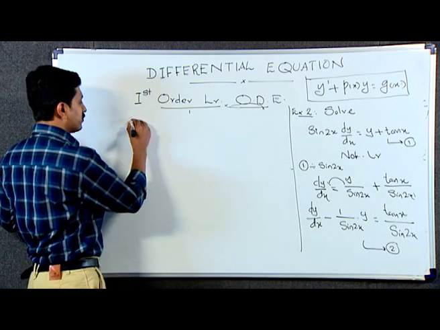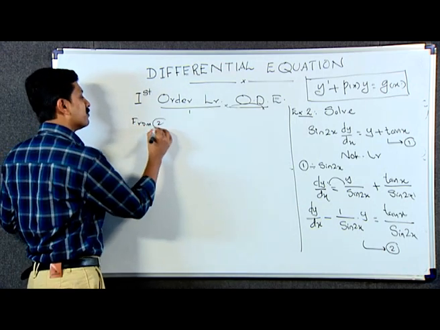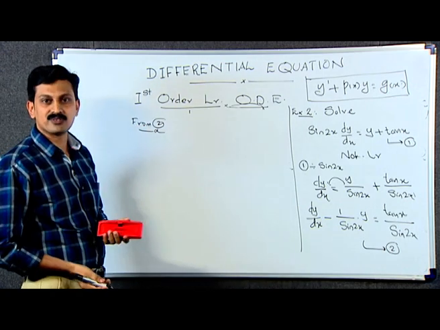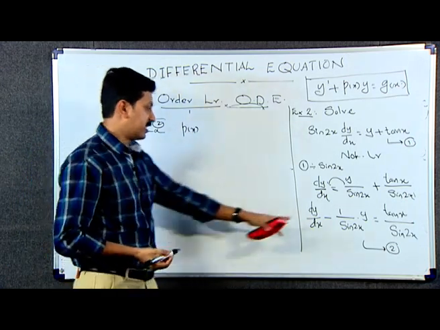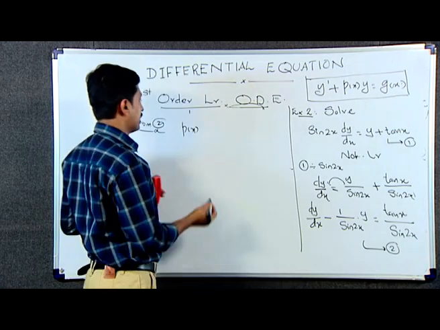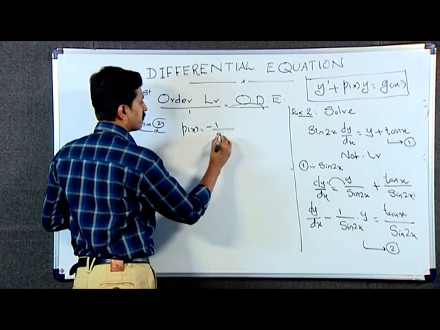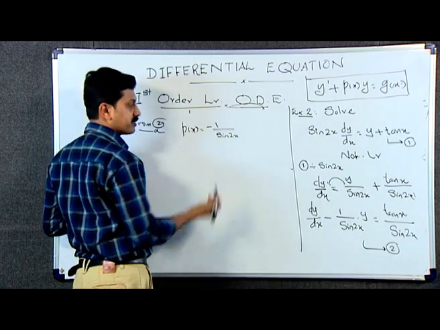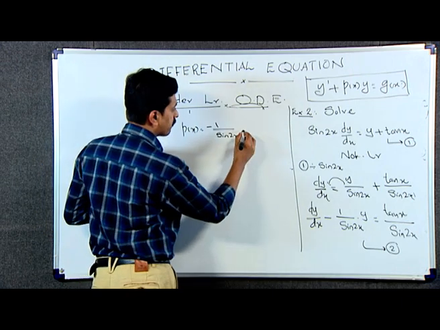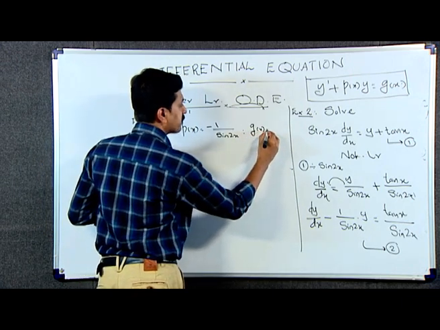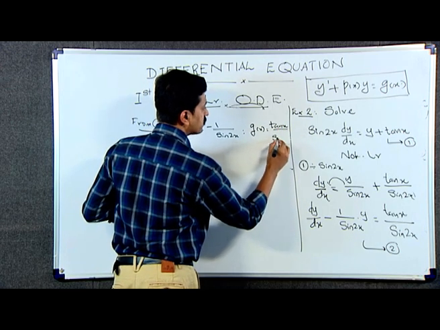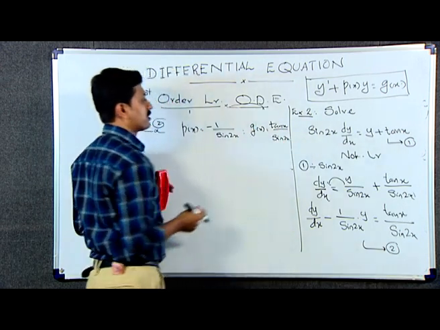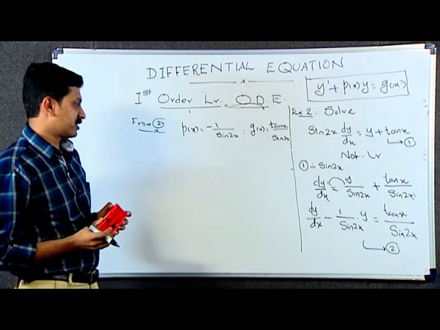So, from equation number 2, we can write p of x is equal to minus 1 by sin 2x, and g of x is equal to tan x divided by sin 2x.